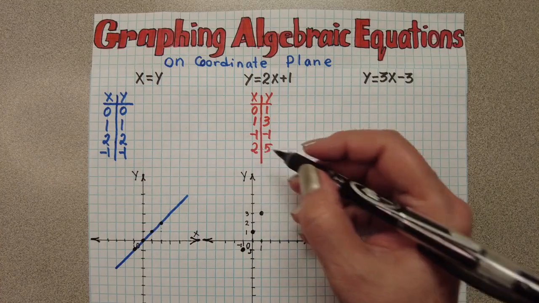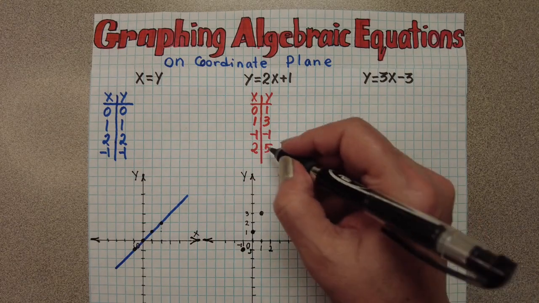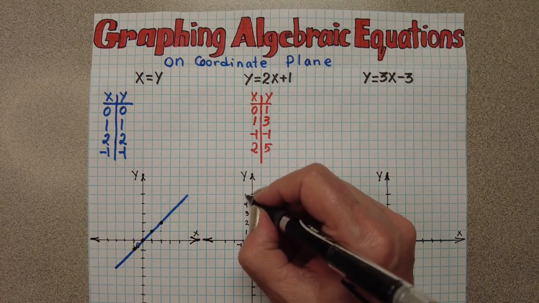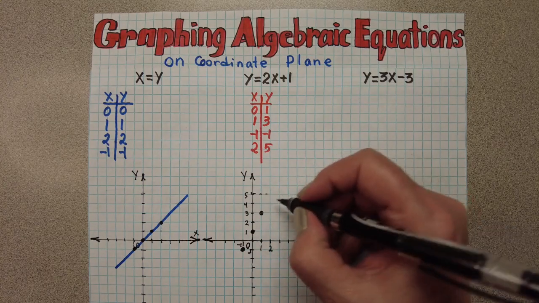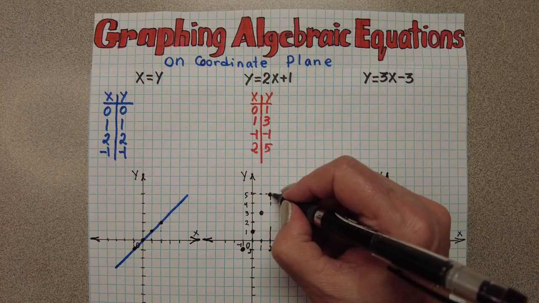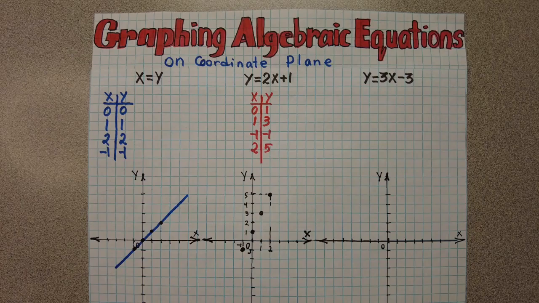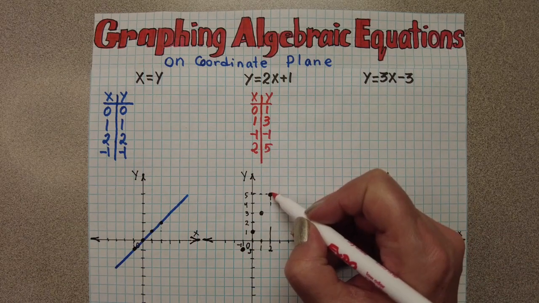And the last one, when our x is 2, this is 1 and 2, our y will be 5. 1, 2, 3, 4, and 5. From 5 it comes to meet 2. Wherever they meet each other, this is the point. So this is our fourth point. Now let's connect these points and make our line.